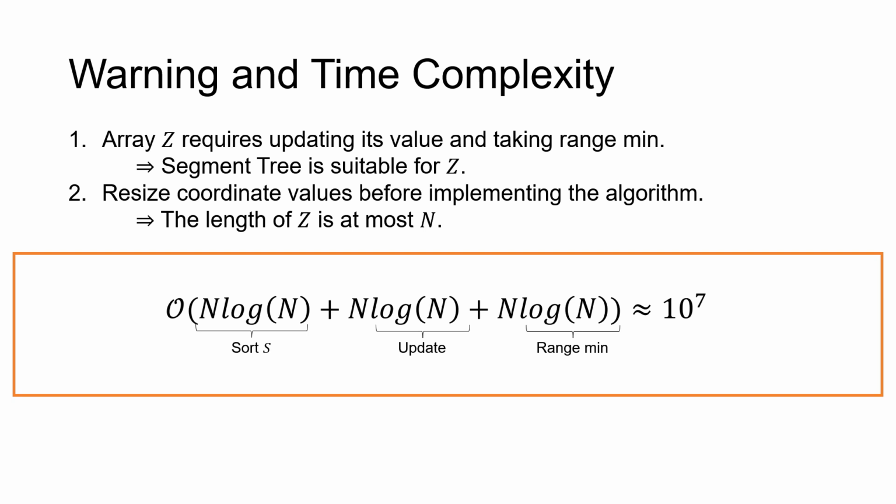Since the indexes of z represent y-coordinates, we must resize the y-coordinates in S and adjust them to fit within the range of 0 to n. We can do this because the number of unique y-coordinates in S is at most the size of S, which is n. Therefore, we need to include this operation in the preprocessing stage of the algorithm.